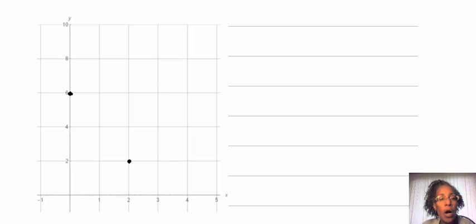So I want to always show a sufficient amount of the graph so that you get a good picture of the graph. And I know the general shape of this type of parabola looks like this. So this is our y-intercept (0, 6), and this is our vertex (2, 2).